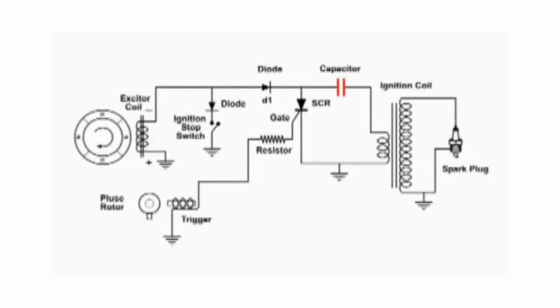And when the magnet is in this configuration, we've got the opposite polarity, and still nothing happens because the diode will only conduct in one direction. And as we continue and get to another south pole, we have the polarity again, negative on the bottom and positive on the top, and D1 conducts, and we get a little more voltage in that capacitor.